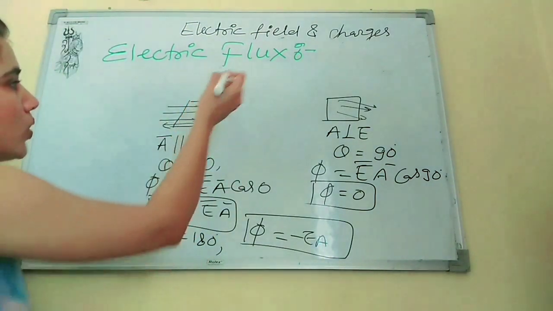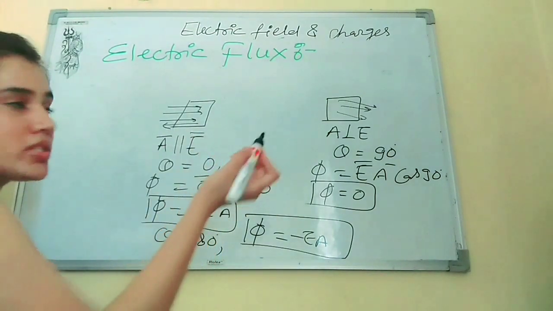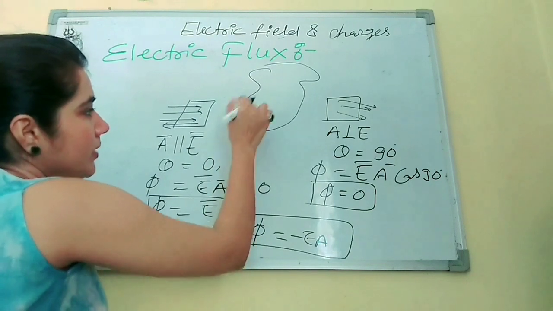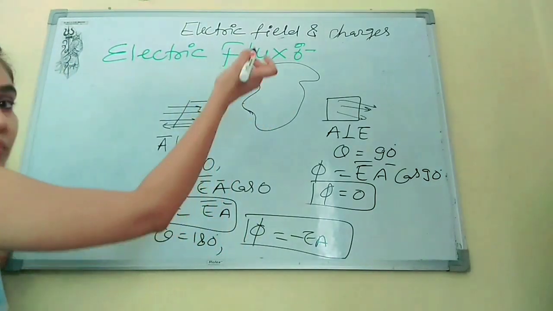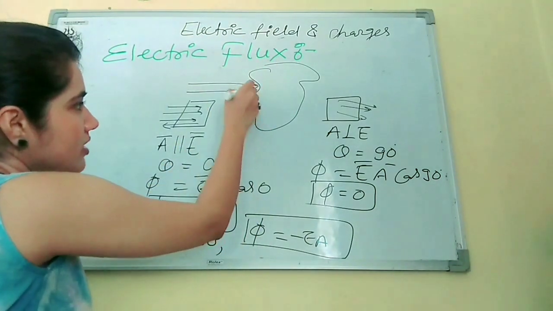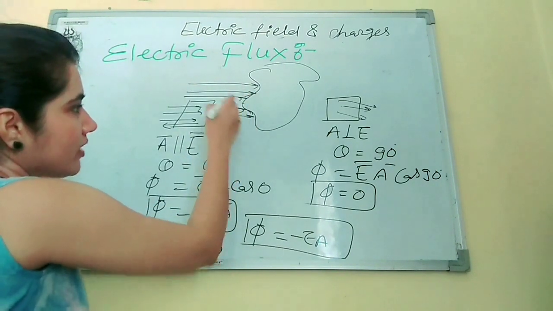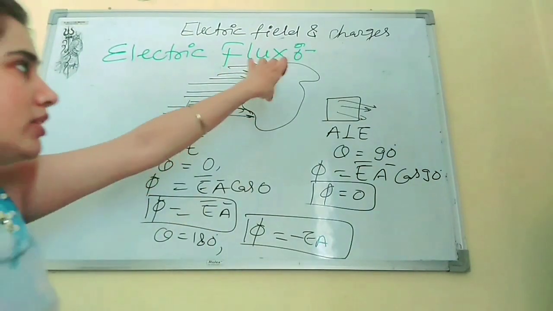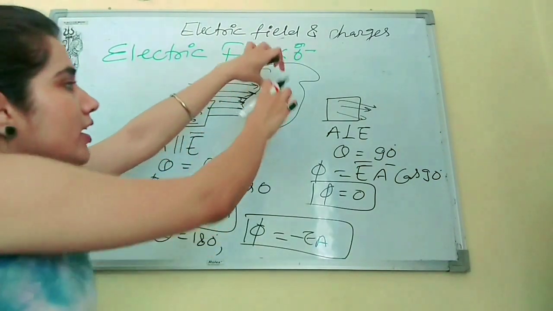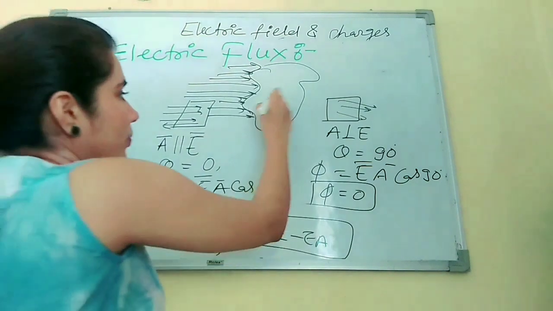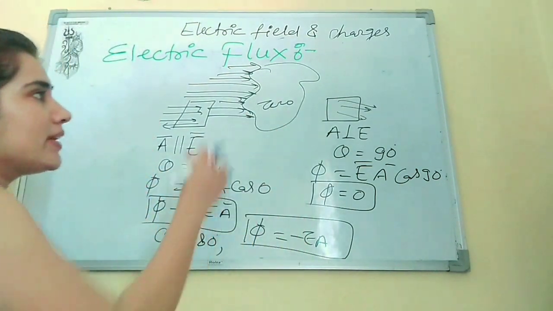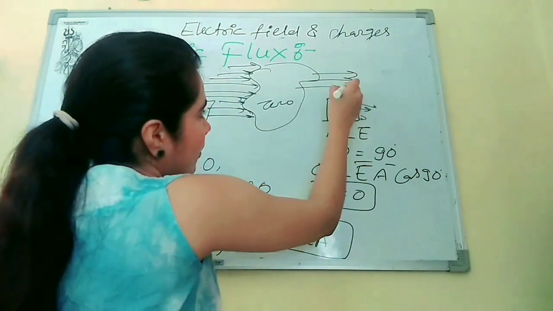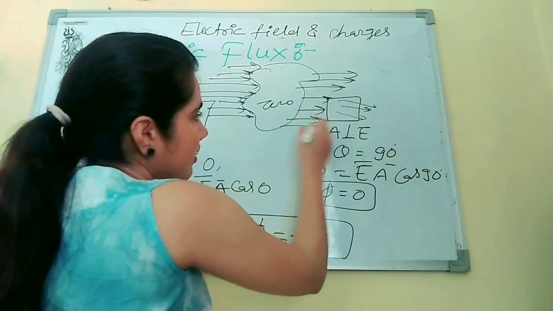Okay, now if we talk about any closed surface, suppose this is a closed surface. The electric field lines are entering the surface. Suppose 10 lines are entering this surface, and the charge inside the closed surface is 0. So what will happen? These 10 lines will enter and come out from the other side of the surface.